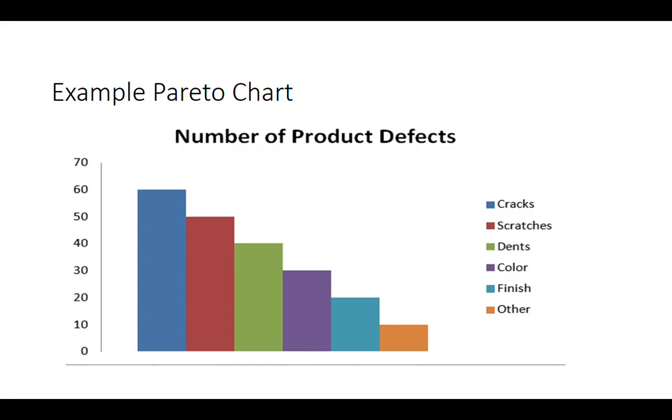So products were getting more cracked according to the Pareto chart. So that means you can trace and find the solution to address those cracks.